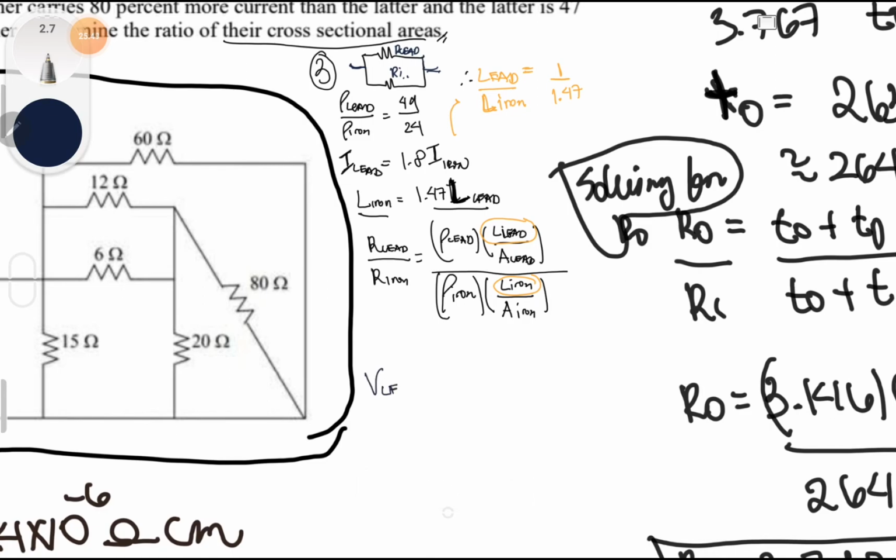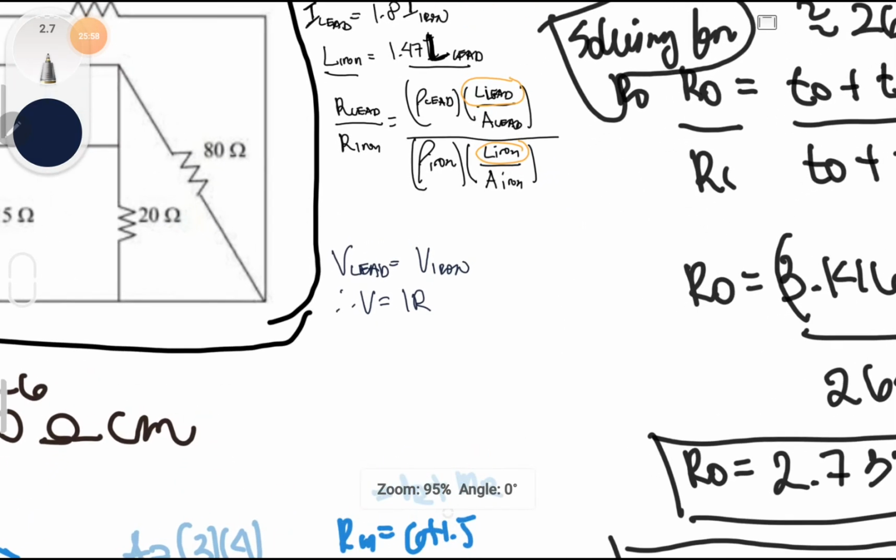So, V lead is equal to our V iron. But what is our V? It is equal to IR. So, therefore, we have I lead multiplied by our R lead, which is equal to our I iron multiplied by our R iron.